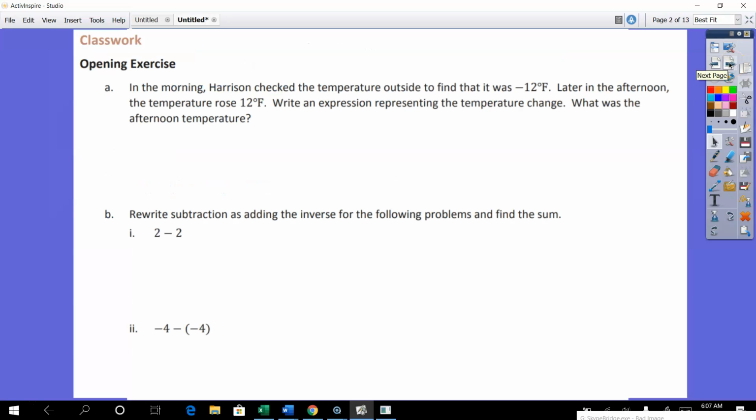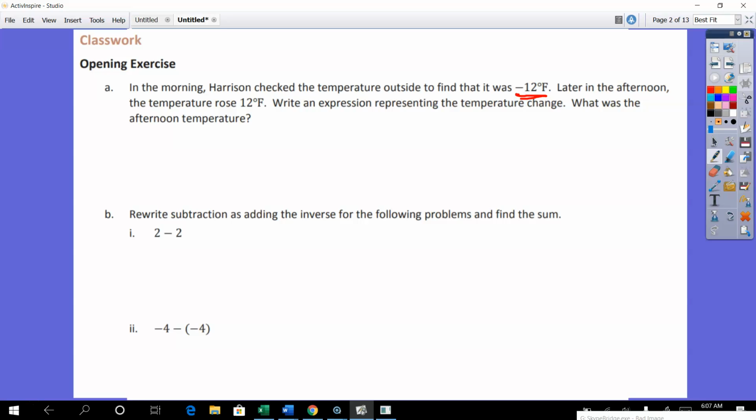Okay, so in your opening exercise, you are going to take a few minutes and read through and work each problem. Okay, so in the morning, Harris checked the temperature outside to find it was -12.